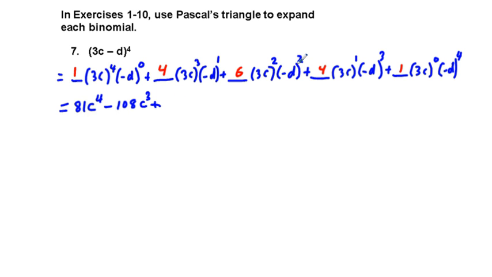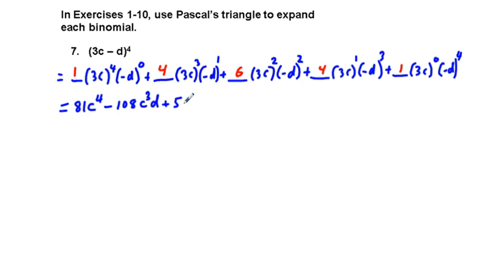And then we're going to have plus, and I know it's plus because this negative d squared will be d squared, and I did forget something, didn't I? We're going to also have on this second term d, c cubed d. Then plus, we're going to have 6 times 3 squared. Well, 3 squared is 9. 9 times 6 is 54.